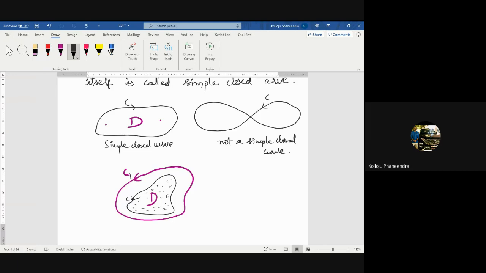Let me write a simple definition of simply connected region.